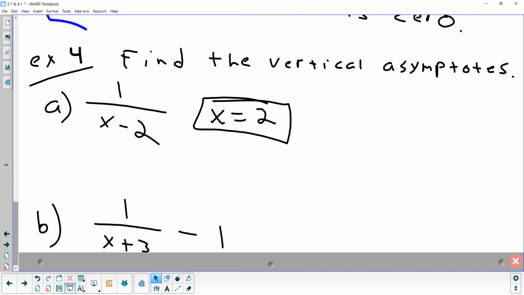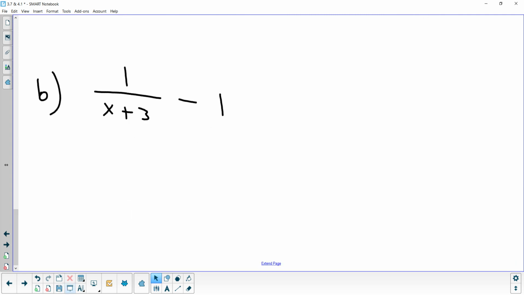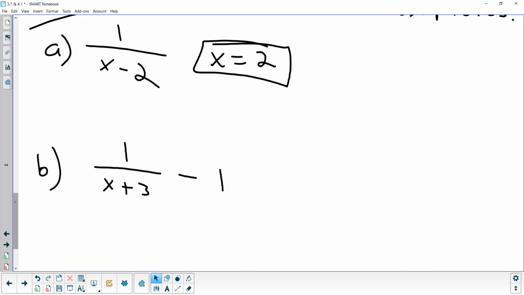Right. About this one. What would be the equation of the vertical asymptote here? Jake? Would be -3. And how would you write the whole equation?